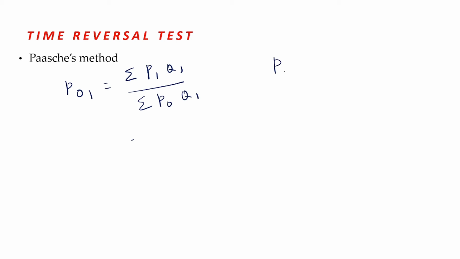Now for P10, if we choose the base year as the current year, that is if we do the other way around, then P10 is given by summation P0 Q0 upon summation P1 Q0.